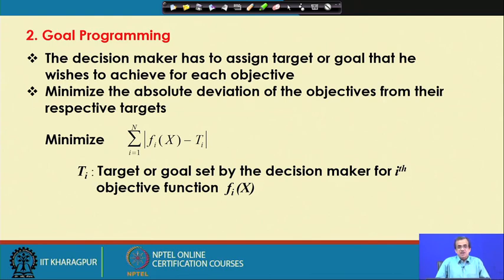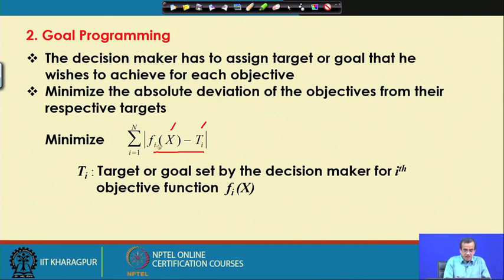Supposing that the targets are set, the obtained objective function value will be compared with its respective target value and the deviation or the error will be decided. This deviation, the difference between the calculated value of this particular objective and its corresponding target value, could be either positive or negative, and just to get the positive value we consider the mod.